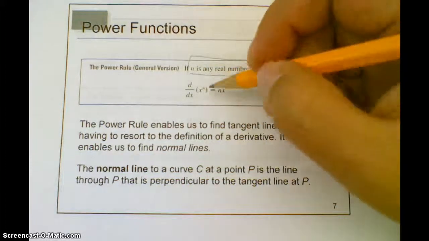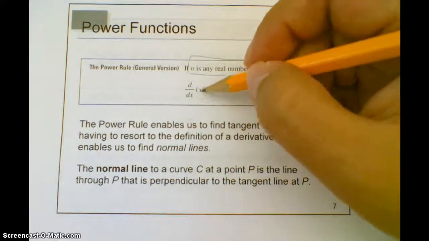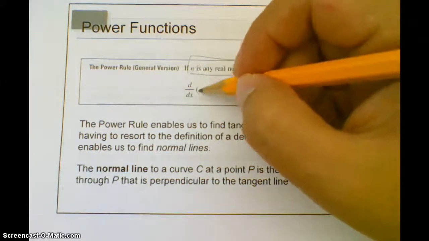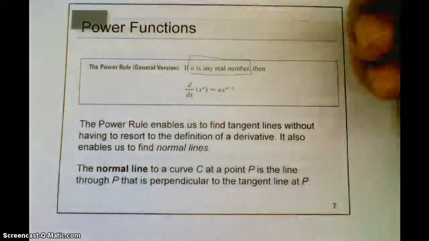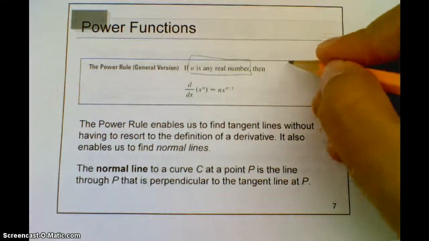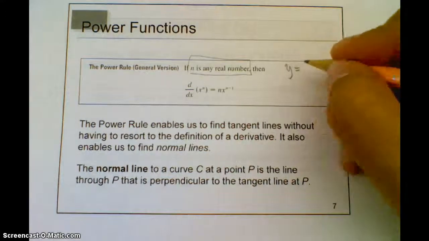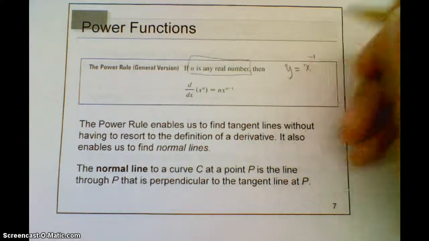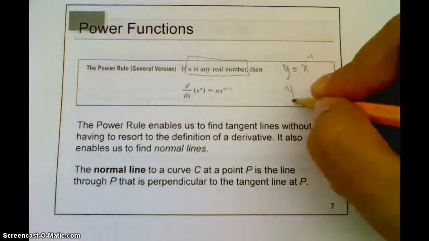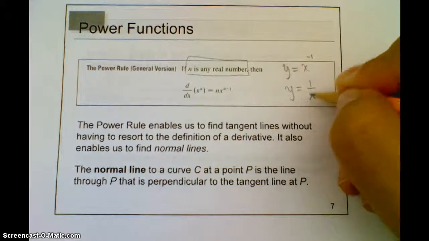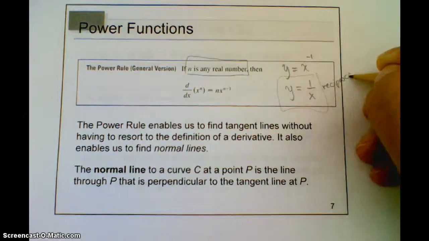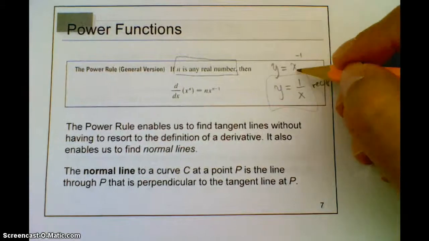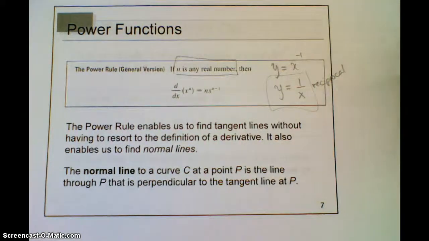But just keep in mind that this rule, although it does apply for any number that x is raised to, will not be a polynomial anymore. For example, if I have the function y equals x to the negative 1, remember that that's just the same as having y equals 1 over x. This is a reciprocal function and not a polynomial, because the exponent of the x is a negative number.